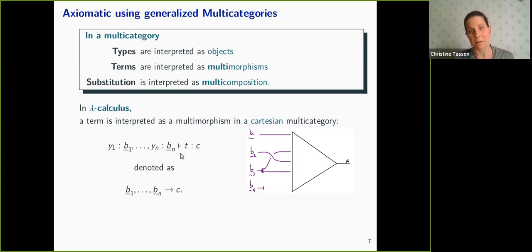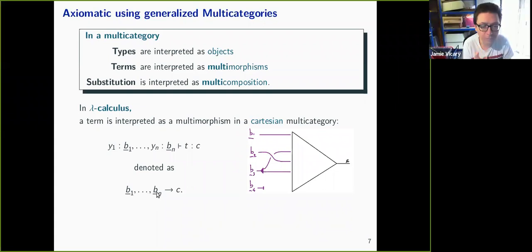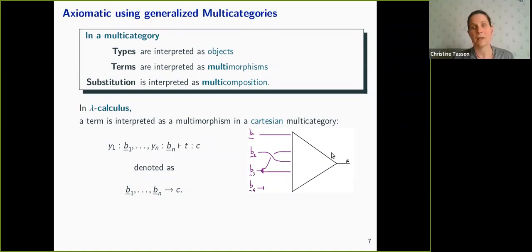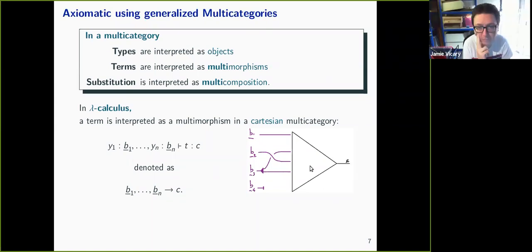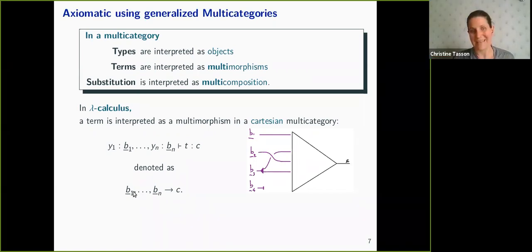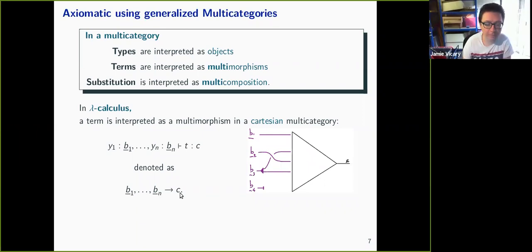You see, my multimorphism is taking already the context. B1, Bn are the sequence of inputs here. But these B1, Bn, these are objects. Yes. So we could say contexts are lists of objects then, perhaps. Yes, it's about the same thing. But a multimorphism is taking a sequence of objects. And indeed, yeah, I understand.